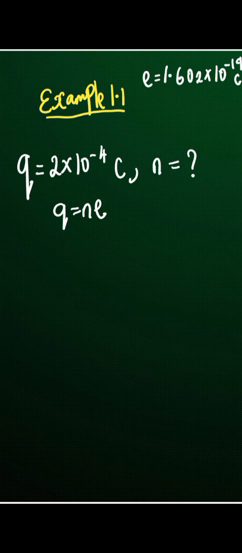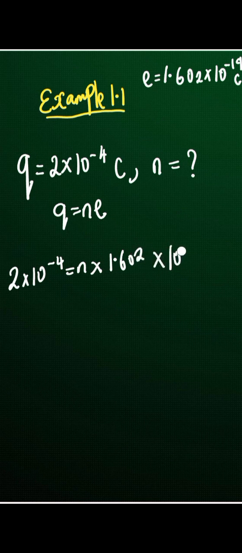So if we plug it into this formula, Q will be equal to 2 times 10 raised to the power minus 4 equals N times 1.602 times 10 raised to the power minus 19.